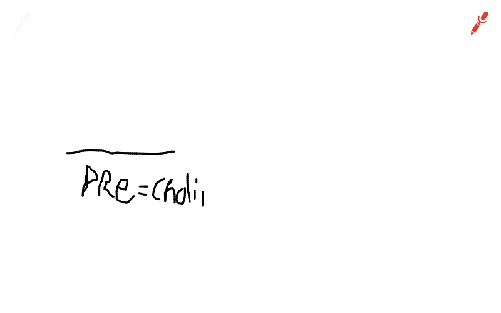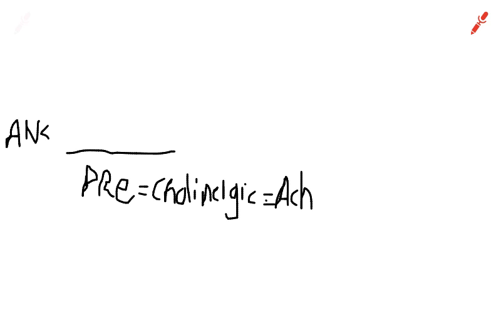So now to do a quick review, we have the preganglionic receptor. Remember, it always comes first. This is always a cholinergic receptor, because cholinergic receptors always release acetylcholine, and thus by nature it has to be a cholinergic receptor if it releases acetylcholine. It always releases one for the ANS. And then you have your little break, and then you have your postganglion receptor.